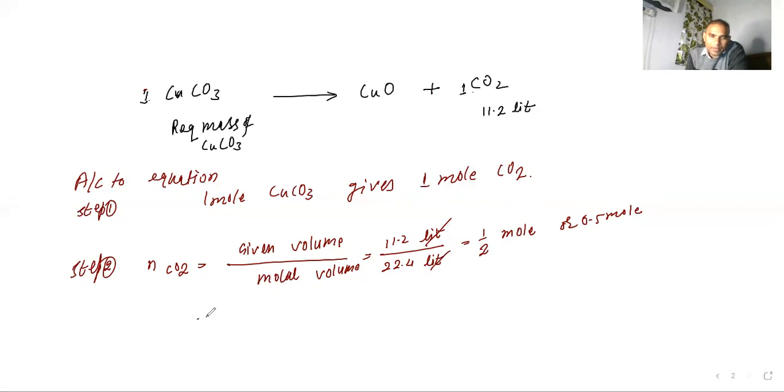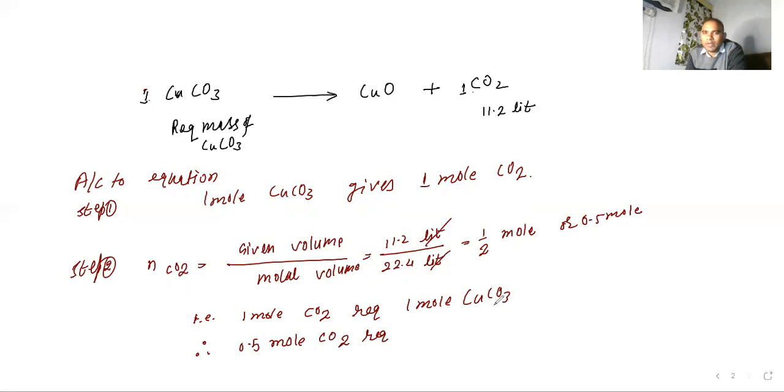Changing the sequence, 1 mole CO2 requires 1 mole CuCO3. Therefore, since CO2 is 0.5 mole only, 0.5 mole CO2 requires how many moles of CuCO3? 0.5 mole CuCO3.